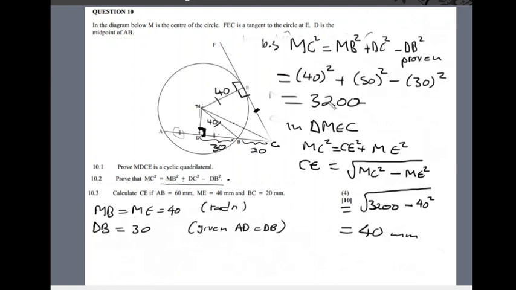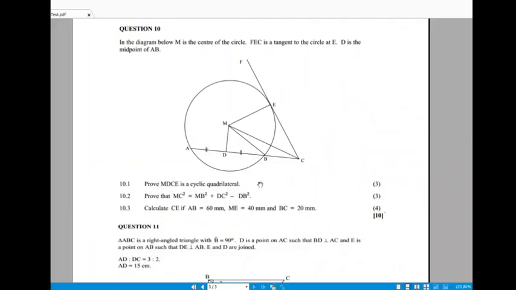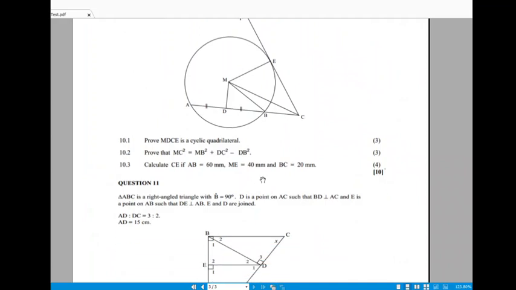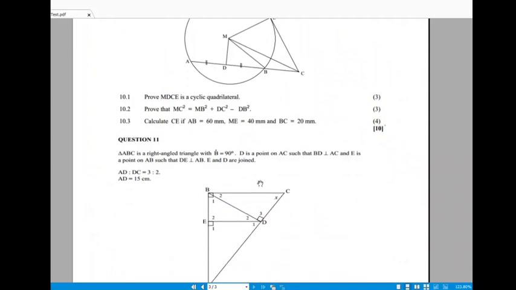MC squared is 3200, and then minus ME squared, which is 40. Okay, so yeah, I get 40, and then we are done with 10.3.